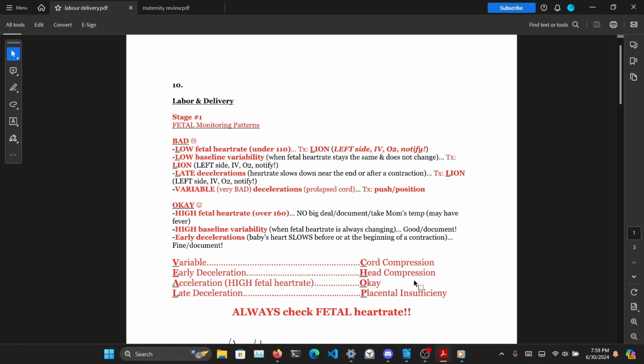Next we have attitude. So attitude is the relationship of the fetal body parts to one another. So when the baby is in the uterus, how the parts of the baby are aligned.